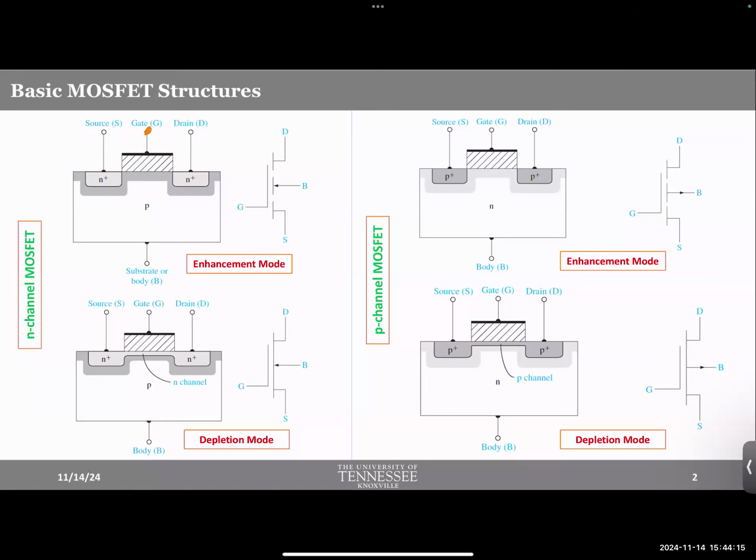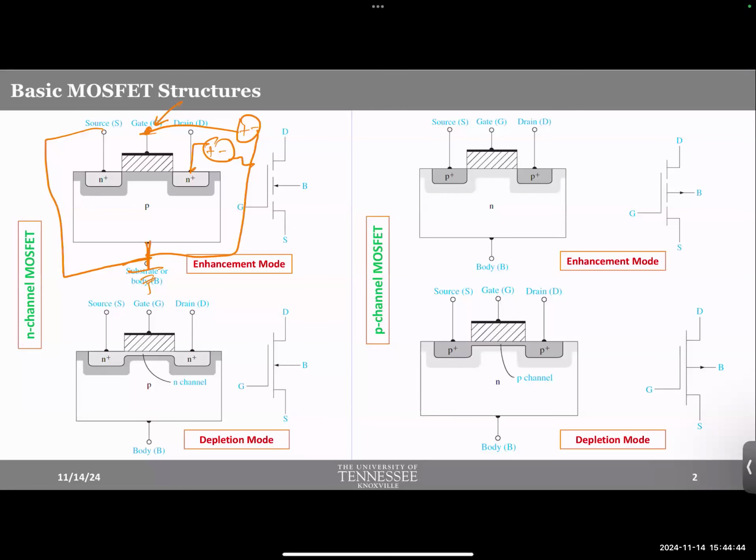You don't just apply a voltage to the gate. You have to apply the voltage with respect to ground, as you know from circuit theory. The substrate or body is typically kept at ground for NMOS. When you apply a voltage source to the gate, you connect that to the body, which is ground. Similarly, the source is typically kept at ground, and the drain is typically kept at a voltage, again with respect to ground.